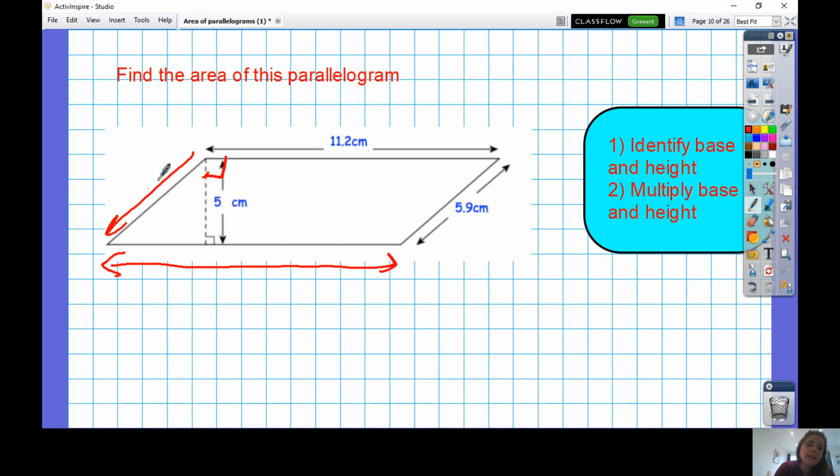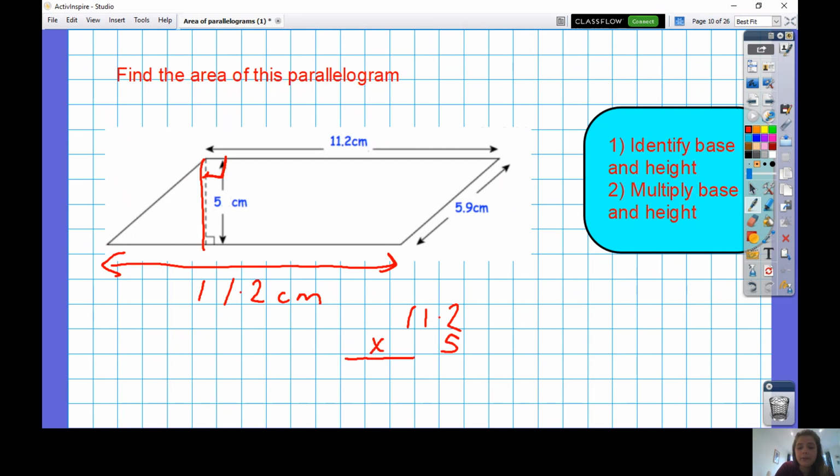And this measurement and this measurement are also the same length. But although that won't be our perpendicular height, that's not relevant. So if the top measurement is 11.2, the bottom measurement is also 11.2 centimetres. So the base is 11.2, and then the height is, of course, 5 centimetres.